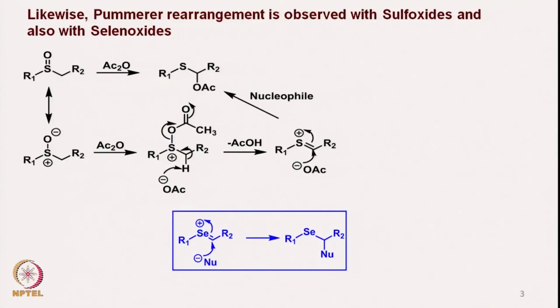For example, the Pummerer rearrangement which is observed with sulfoxides is also observed with selenoxide. So I will not spend much time on it because we did it last time.